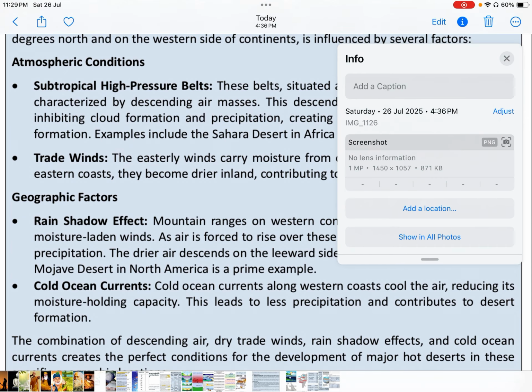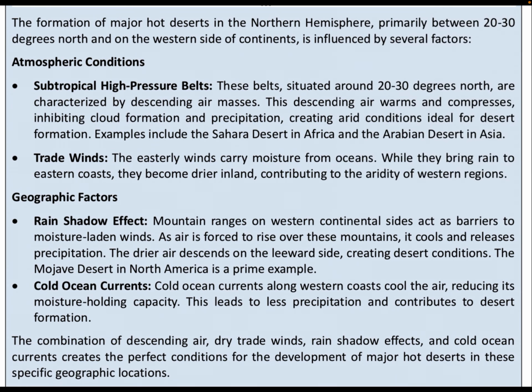So that is one of the reasons behind deserts on the northern hemisphere and the western side. The second is a geographical factor, the rain shadow effect. The example is the Mojave Desert.